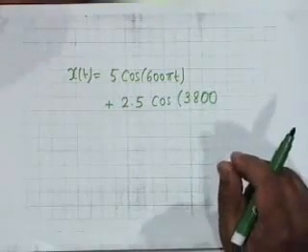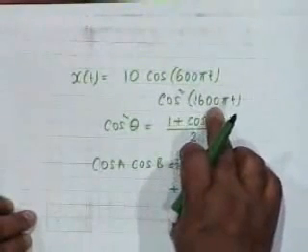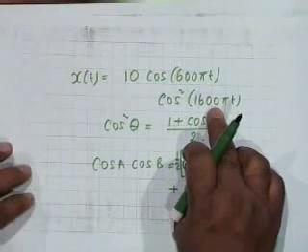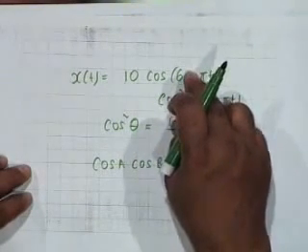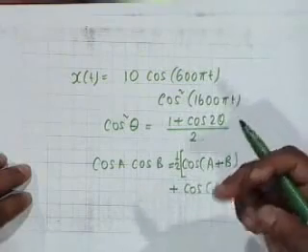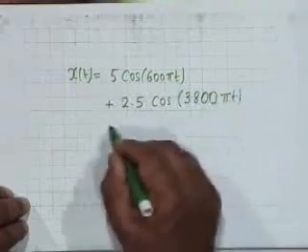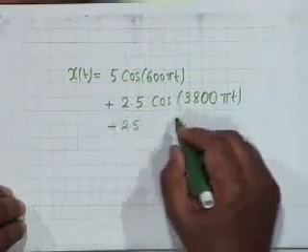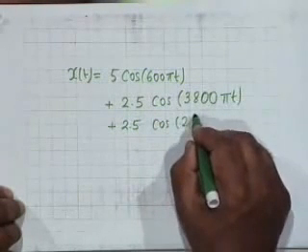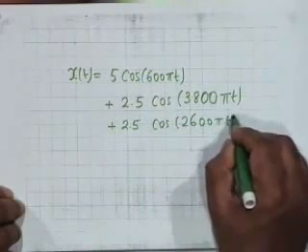Where does 3800 come from? 1600 multiplied by 2 is 3200. 3200 plus 600, so there must appear 3200 minus 600 also. So the other frequency would be, with the same multiplication, cosine of 2600 pi t.